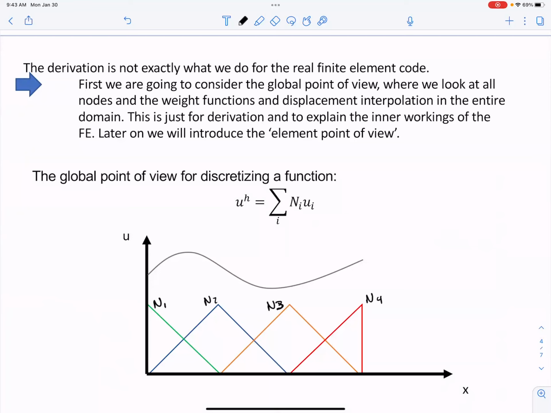And you can already see that I can find a very systematic way of creating these hat functions. Basically, if you tell me I need 4 functions, you just cut your space into 3 chunks, right?